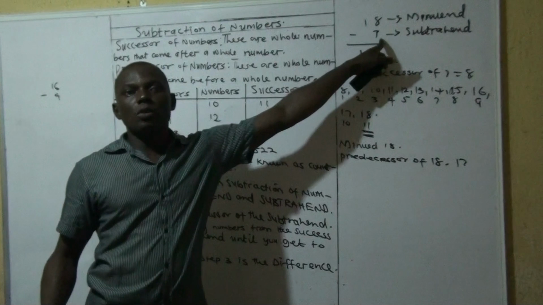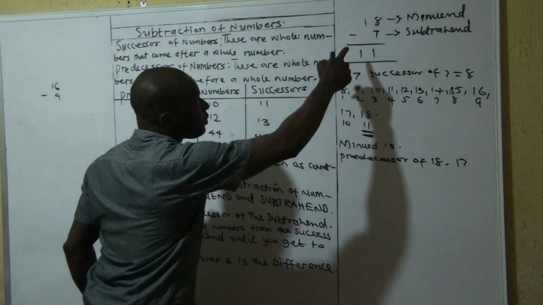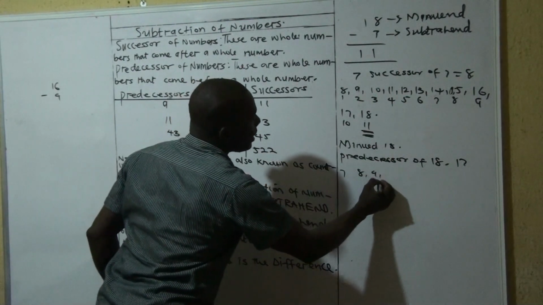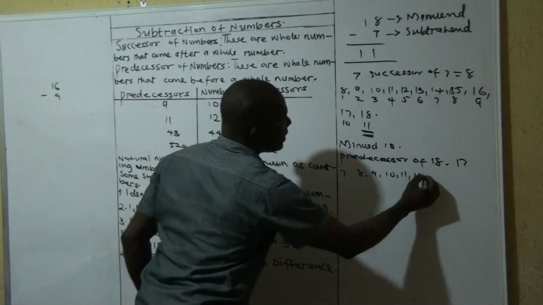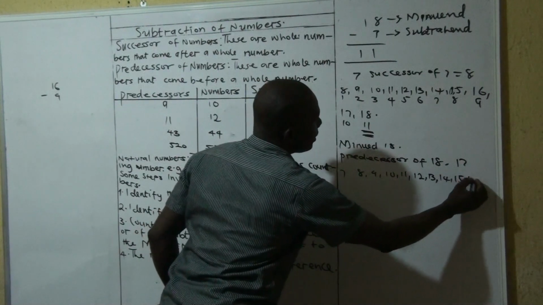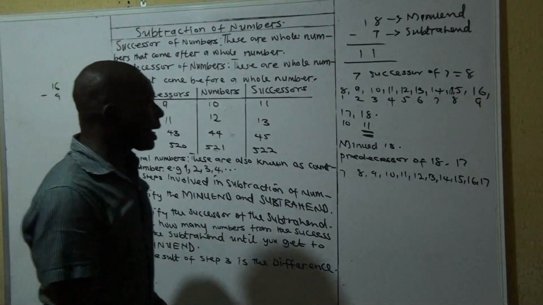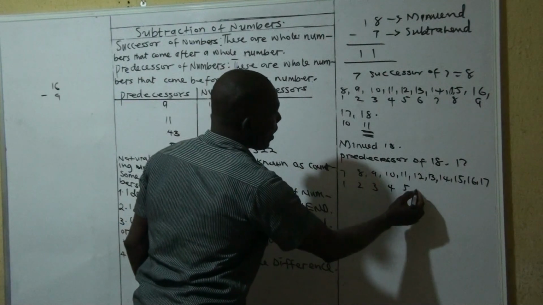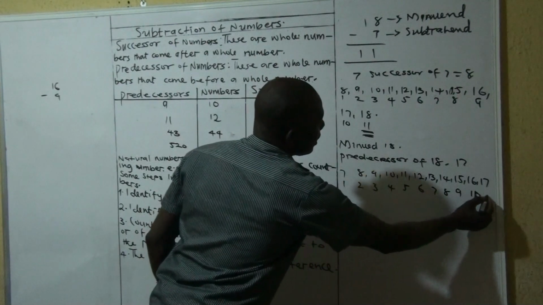So here we say we start from 7, 8, 9, 10, 11, 12, 13, 14, 15, 16, and 17. Okay, so we now count. Now let's count 1, 2, 3, 4, 5, 6, 7, 8, 9, 10, 11.